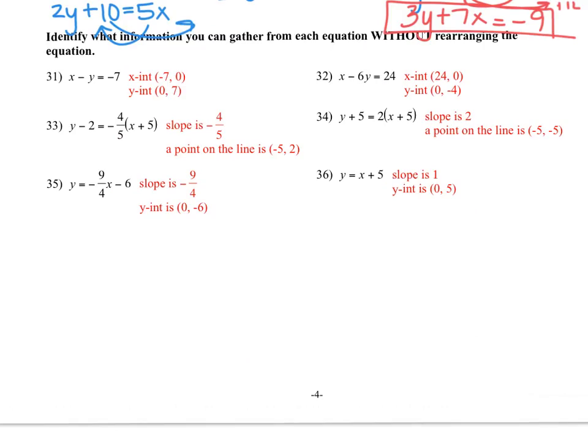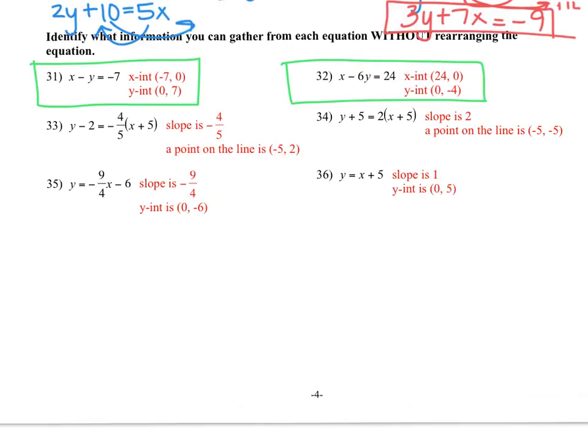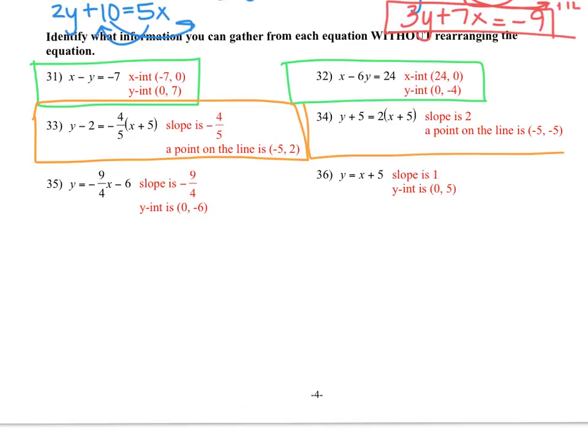Okay, this last little section here is we're talking about what information you can gather from each equation. So notice anything that's in standard form, 31 and 32, excuse me, those you can find the x and y intercepts. That's just cover-up method. So pay attention to that. On this 33 and 34, I can't read numbers today, those are both point slope form.